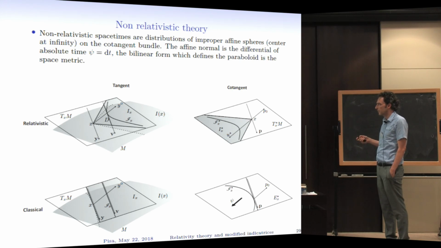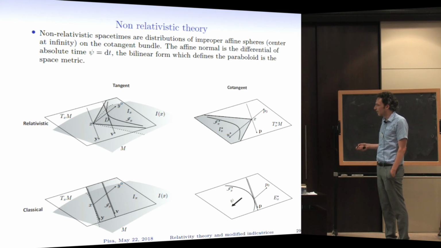Now, if you consider a distribution of improper affine spheres, that is paraboloids, on the cotangent space, notice that the paraboloid has an orientation that gives you a vector psi. This vector psi is a one-form which has a kernel, and this kernel is the simultaneity slice in non-relativistic theory.